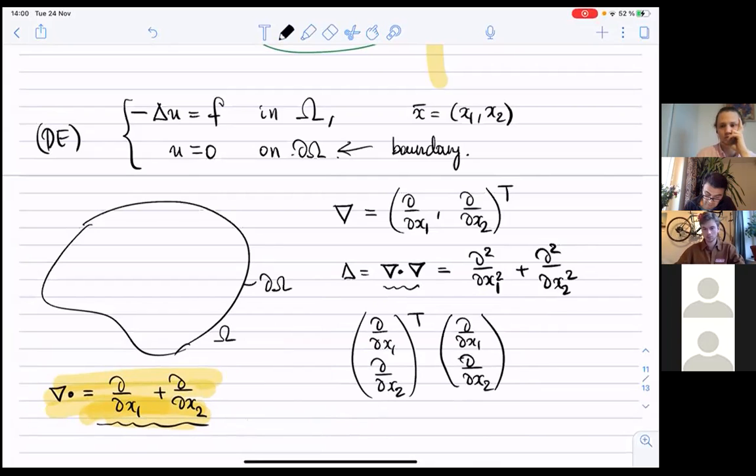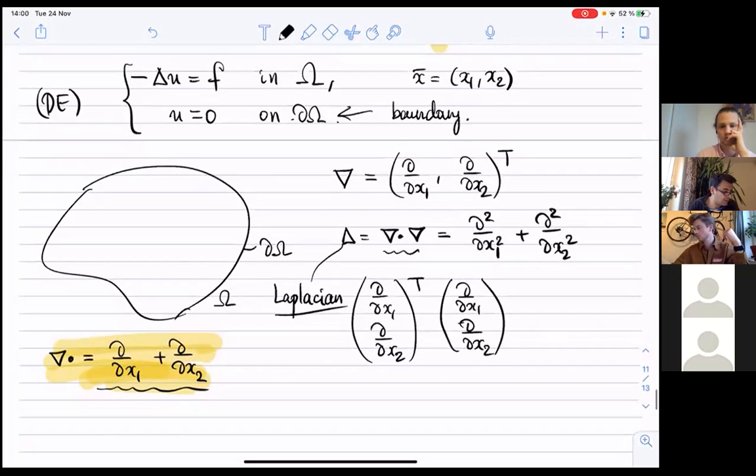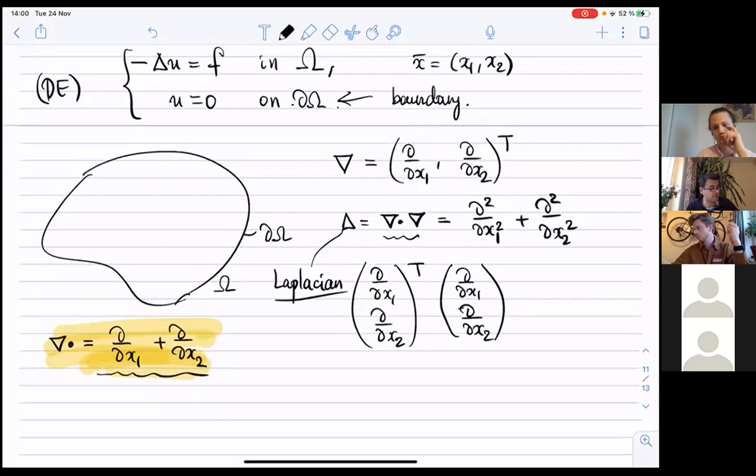It's a scalar product, and this little delta is called the Laplacian operator. In my notes, I actually have it; there's no A, but I give Green.